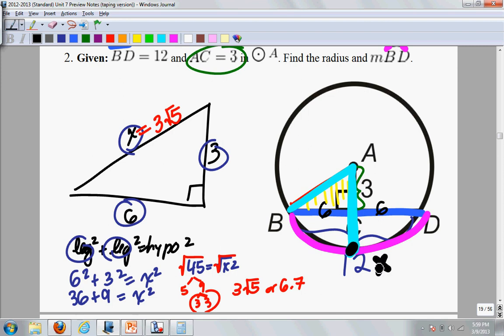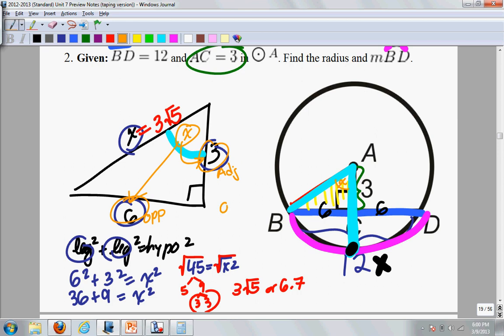And then I'm going to add a point here. We're just going to call that x. That angle is the same as this angle right here. Now I'm going to call that x, the x degree angle. Now to find this angle, we're going to use inverse SOHCAHTOA. So I'm going to work with the 6, which is the opposite, and the 3, which is the adjacent.